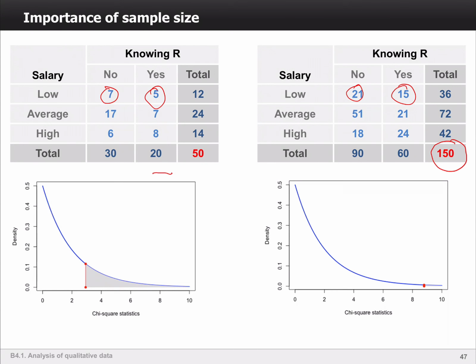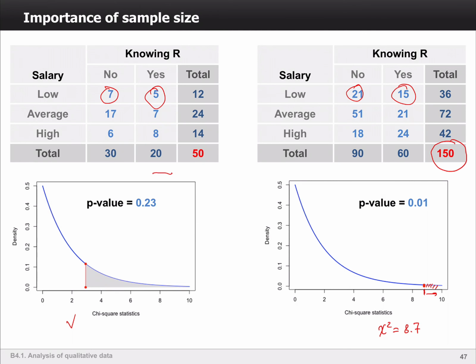So I kept all the proportions the same. In this case, if you calculate the chi-square value, it will be about 8.7. Again, it is 3 times larger than the chi-square statistic we had before. And then you can see that the p-value is very extreme in this case. The p-value is the area on the right tail, this area. And if we calculate it, we get about 1%.